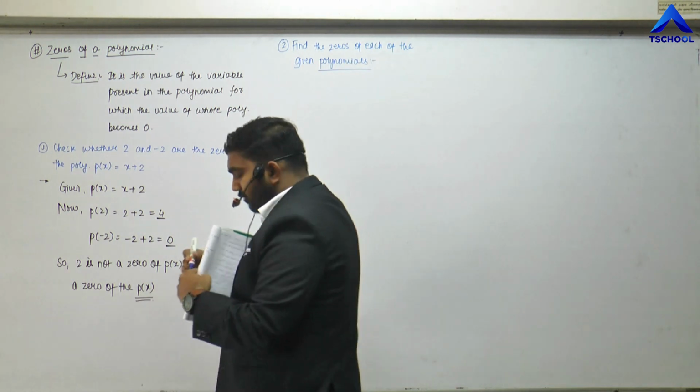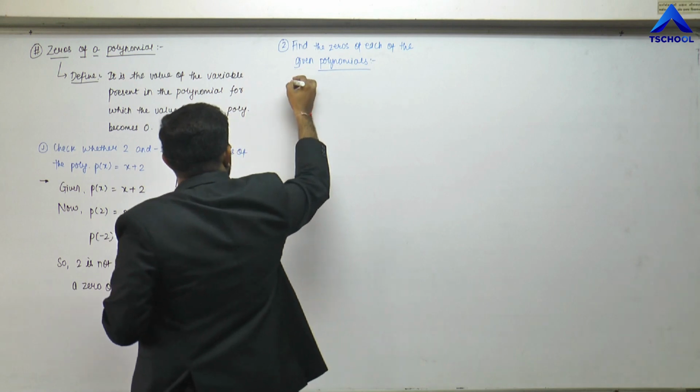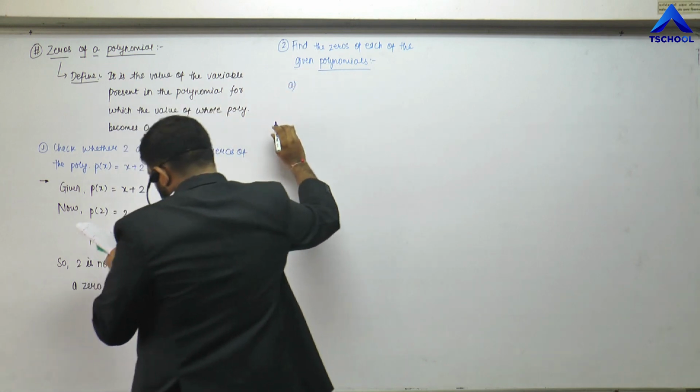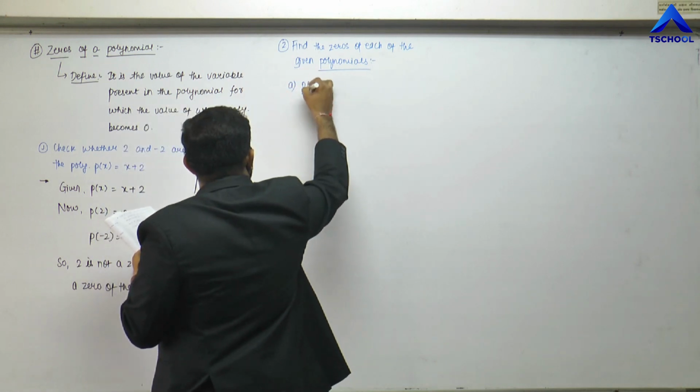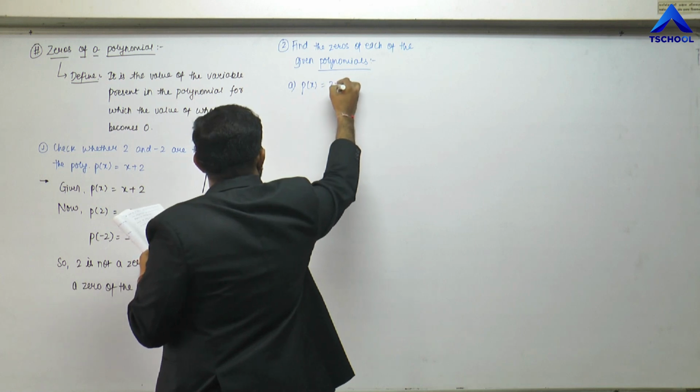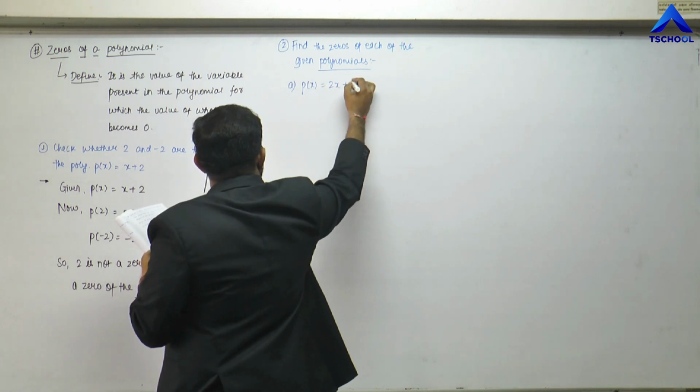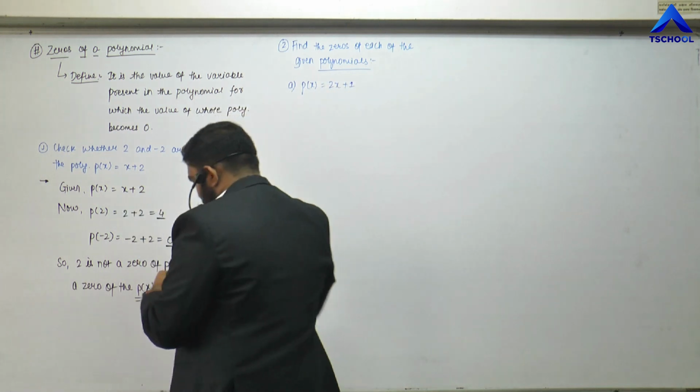We need to find out in each of the following cases. Under that, the first one is P of x is equal to 2x plus 1.